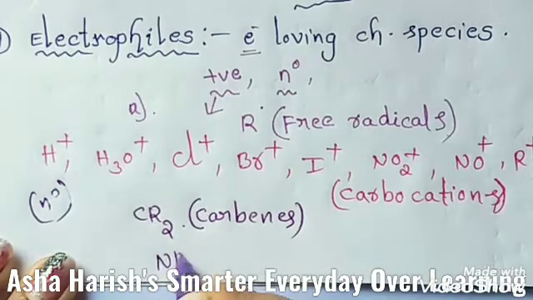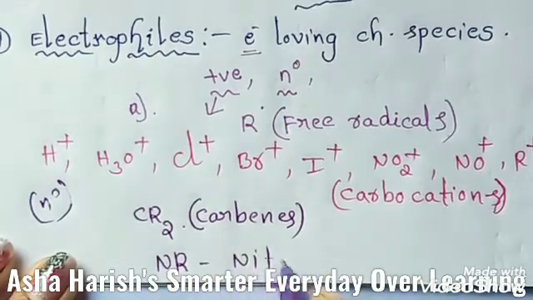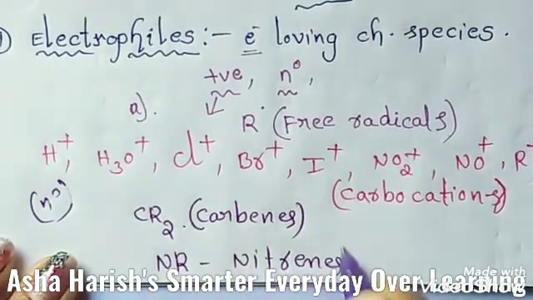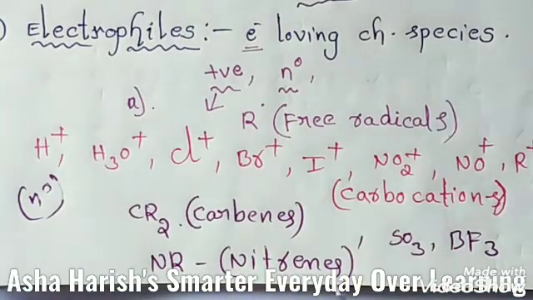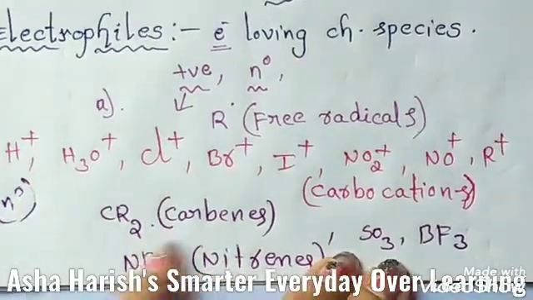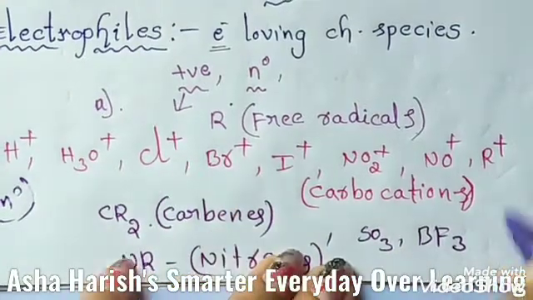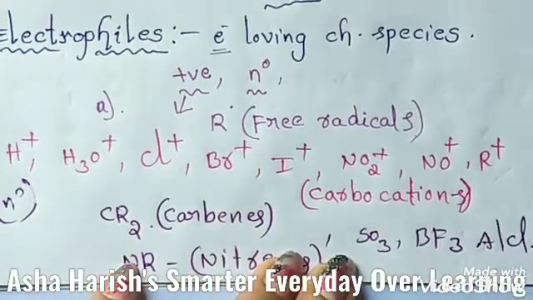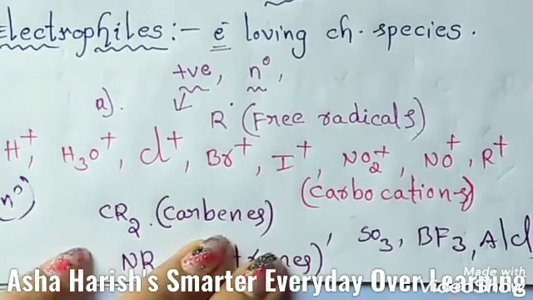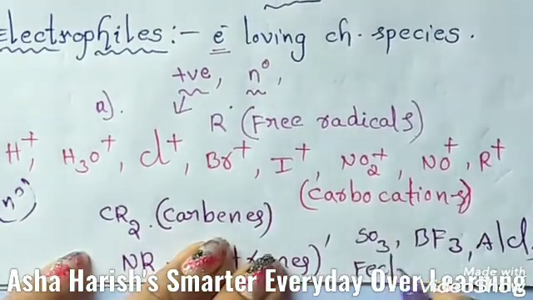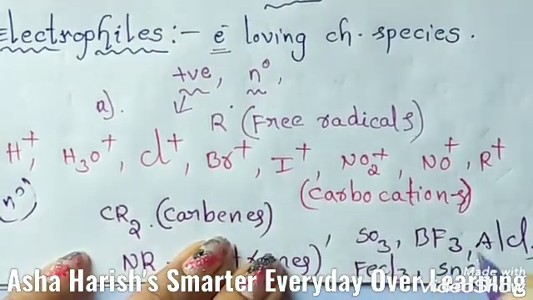And NR, this is for nitrenes. Like that only, SO3, BF3, AlCl3, aluminium trichloride, FeCl3, SnCl4.